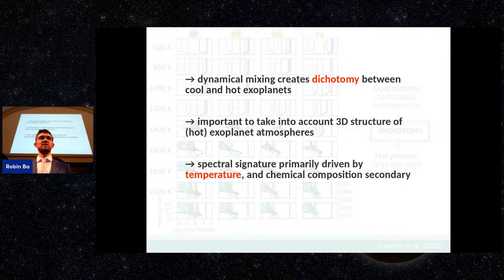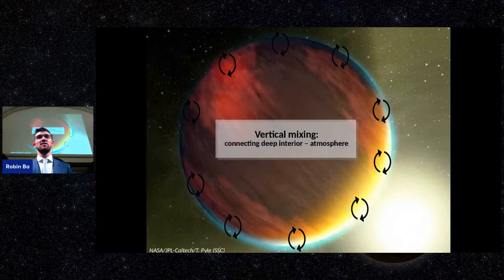So the takeaway message here is that you will have to have the chemistry right, the temperature right, and then the chemistry will follow. And in the case of a cool planet, you can get away with using a one-dimensional chemical model.